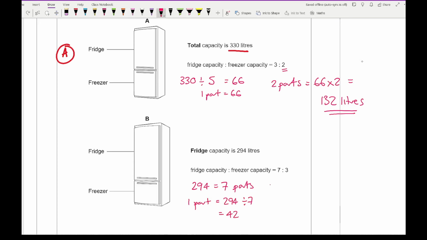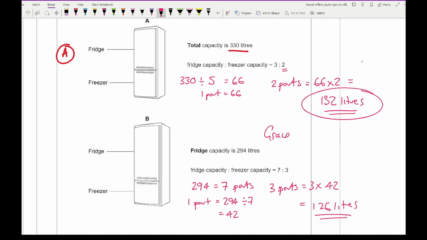So then the freezer is going to be 3 parts. So it's going to be 3 times 42. And 3 times 42 is 126. So out of those two numbers, which one is the bigger? Well, it's going to be 132. So Grace buys fridge freezer A.